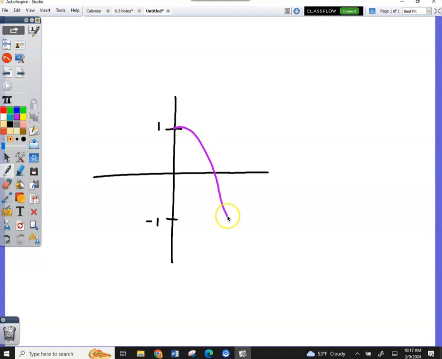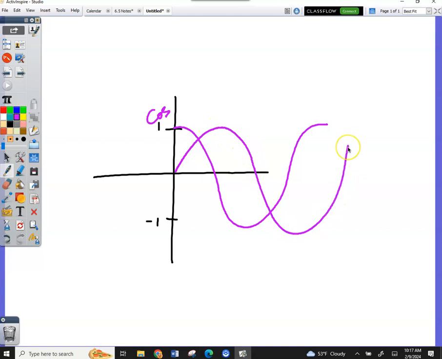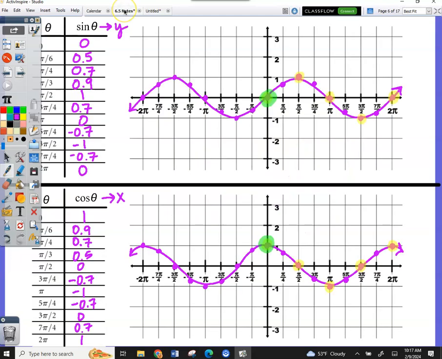Cosine's up here, so it's going to do like that. This is cosine. Sine's here, so it's going to do like that. This is sine. You see what I did there? I generated the graphs like a sketch of it by just using the anchor point, that first one for 0 pi. Right? Y'all with me?